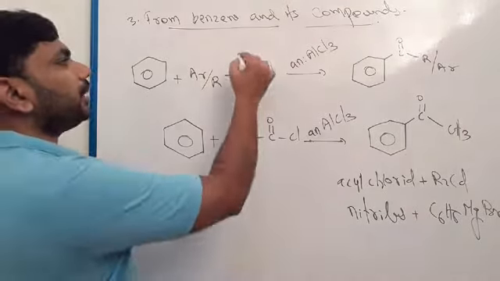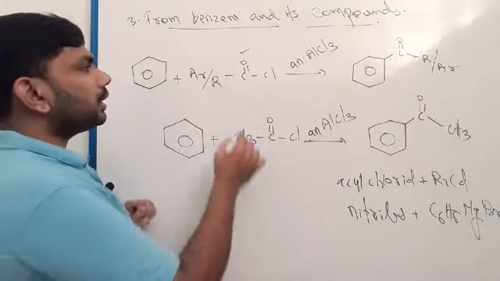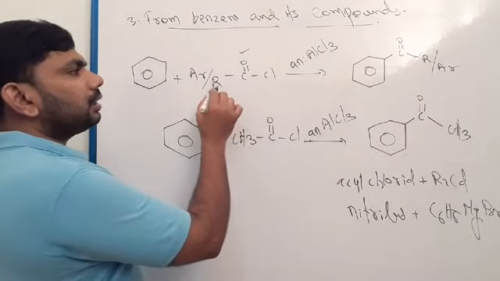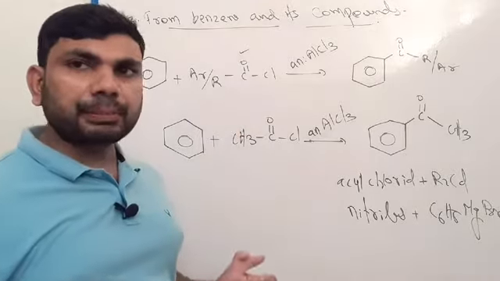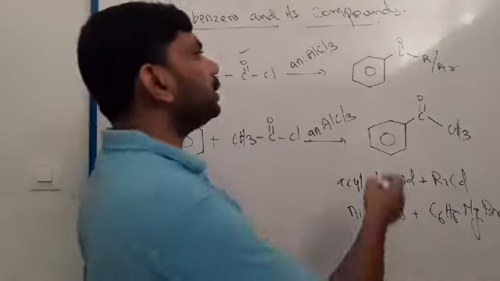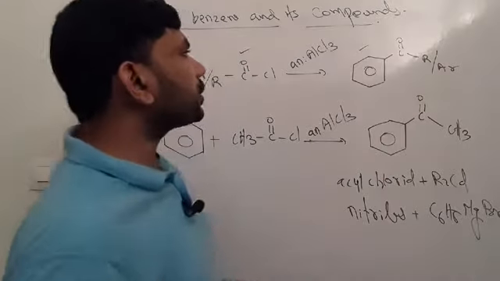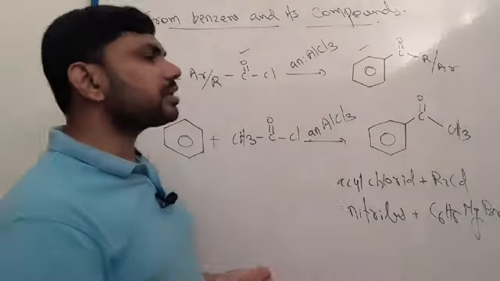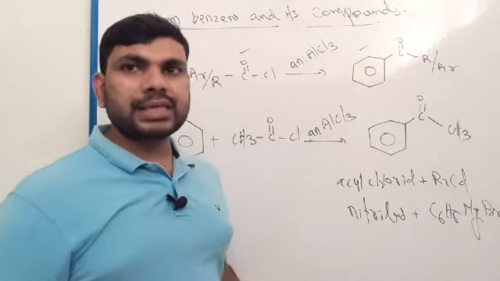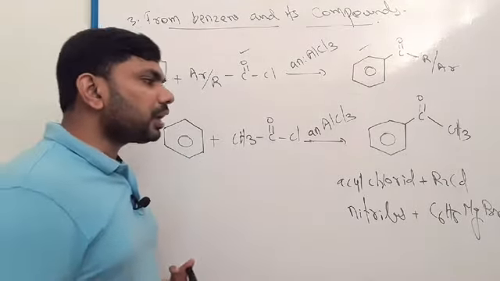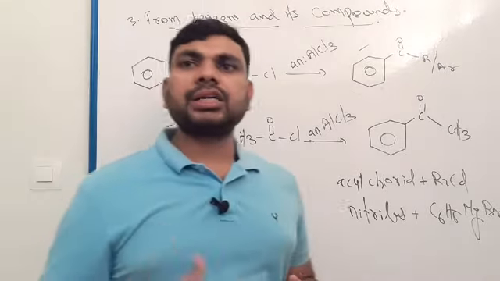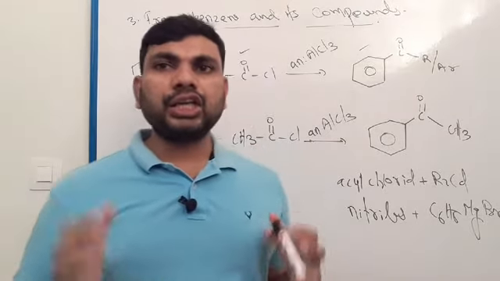Acyl chloride reacted with benzene. Aromatic or aliphatic acyl chloride reacted with benzene, we will obtain ketone, and this chemical reaction takes place in presence of anhydrous aluminum chloride, Lewis acid. So here we discussed 3 methods of preparation of ketone.